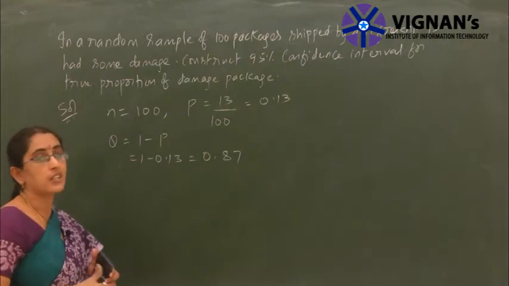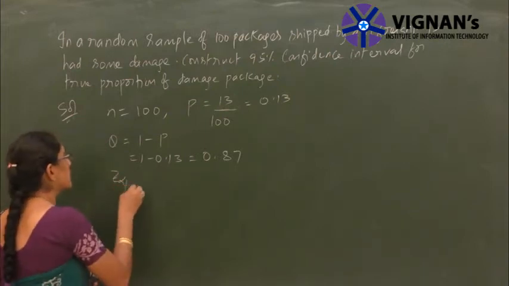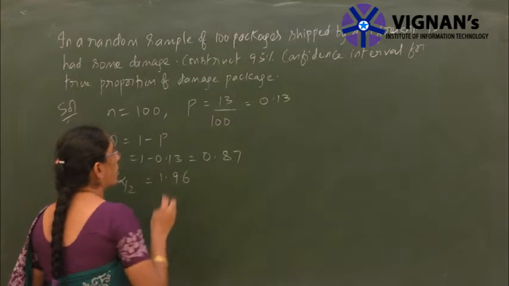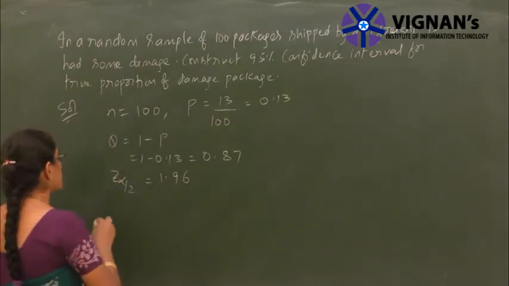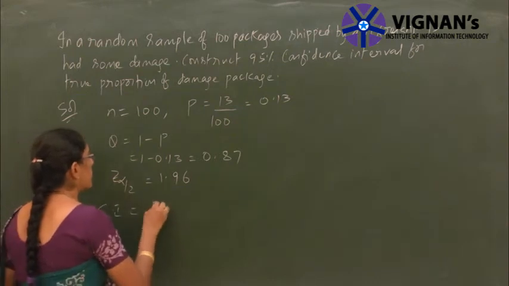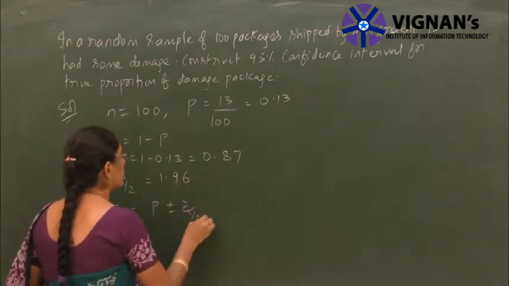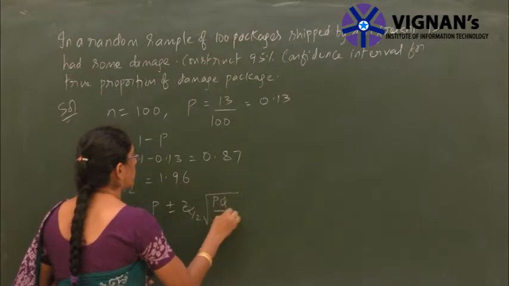Now we have to construct the 95% confidence interval, so the value is 1.96. The confidence interval formula for the proportion is P plus or minus Z alpha by 2 into square root of PQ by n.